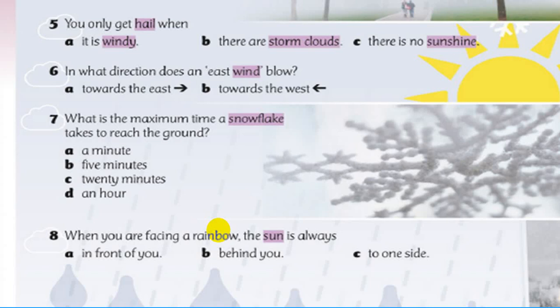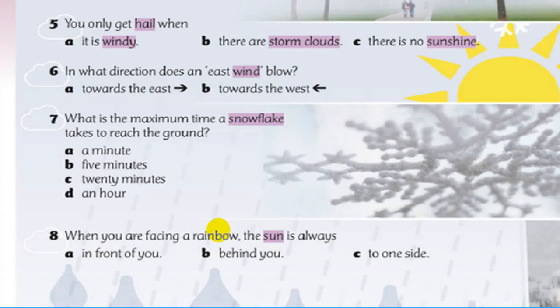Now, 5. You only get hail when? Okay, what is hail? Hail is a storm of snow, especially when it's like it's raining, but the snow is like circles. You can hold them with your hand. So the rain has some snow or ice in it. A. It is windy. B. There are storm clouds.